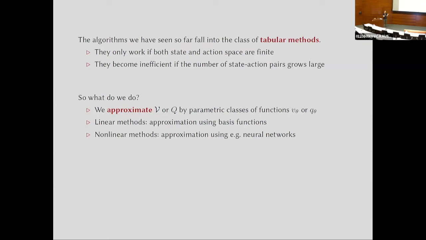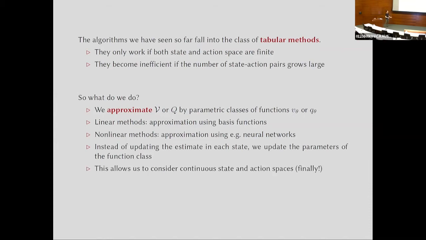Just choose a nice parametric class of functions such that it should be differentiable in the parameter, because we will do optimization over the parameter, gradient descent essentially. And the advantage that we have is, instead of having to update all states and actions, we only have to update the parameter to get a good approximation.